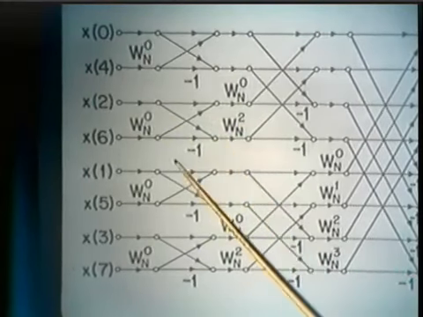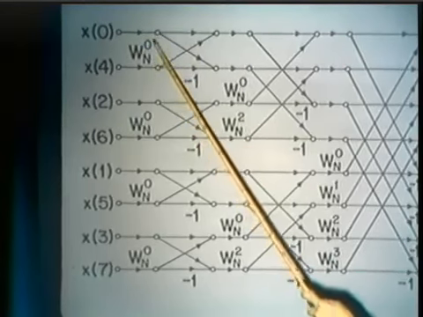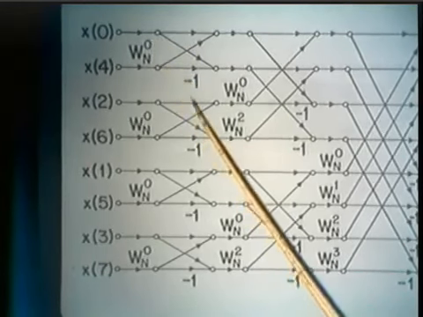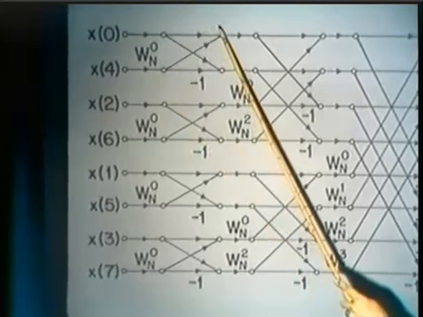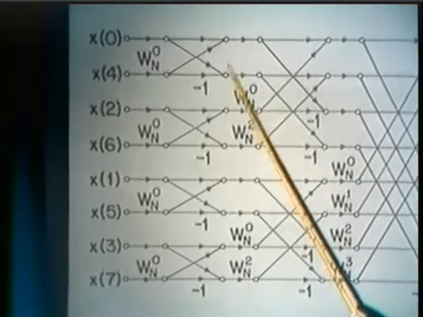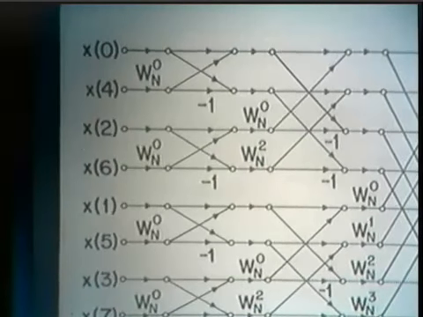implementing the computation required on these 2 input points, storing the results in a corresponding set of memory locations, which in fact could be the original memory locations from which we took these data points. The reason for that is that once we've used these 2 data points, we don't need them any longer. And so the result of this butterfly we could in fact store back in the original memory locations.